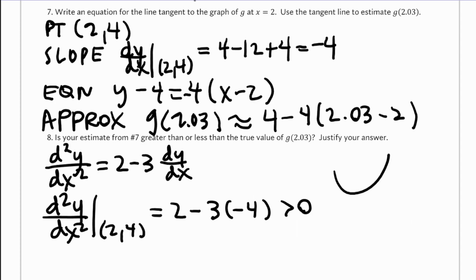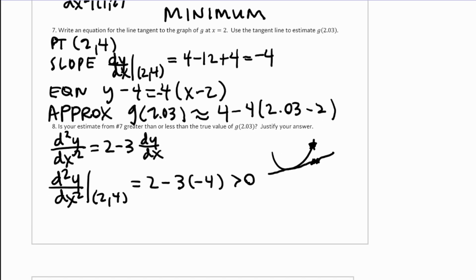Okay, so that means if the second derivative is positive, the graph looks like that, and the tangent would look about like that, and so g of 2.03 is over here. That's the estimate for g of 2.03 on the tangent line. The true value would be somewhere about there, right above it, and the true value would be greater than the approximation, so the estimate would be less than the true value.